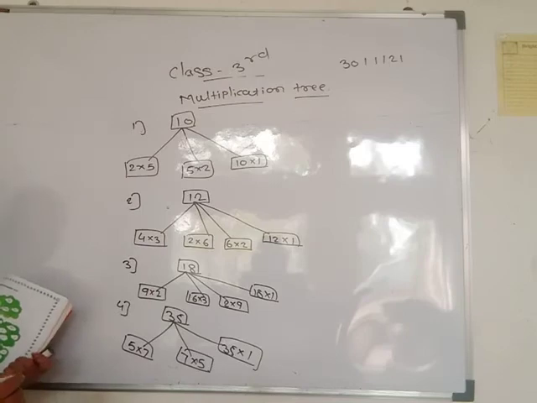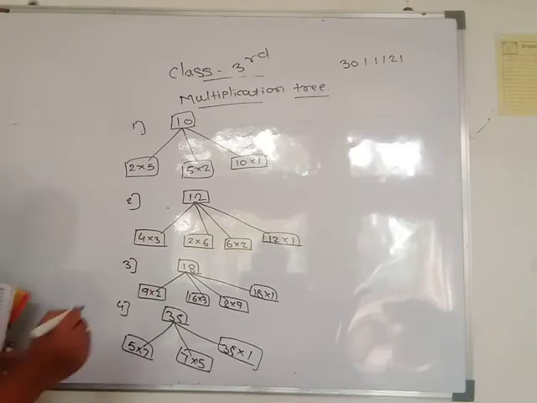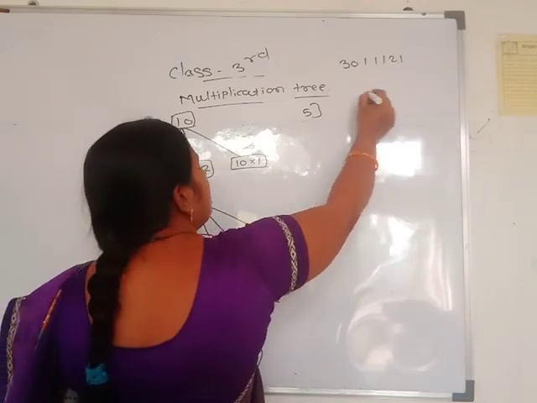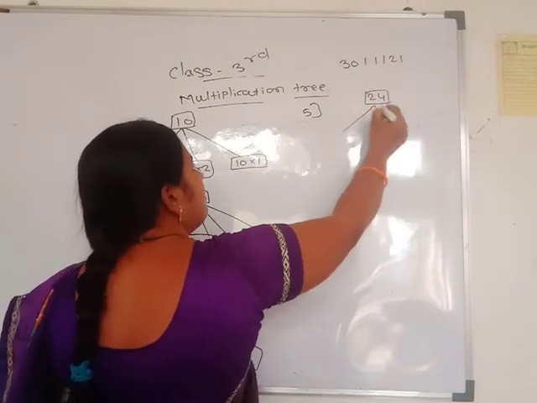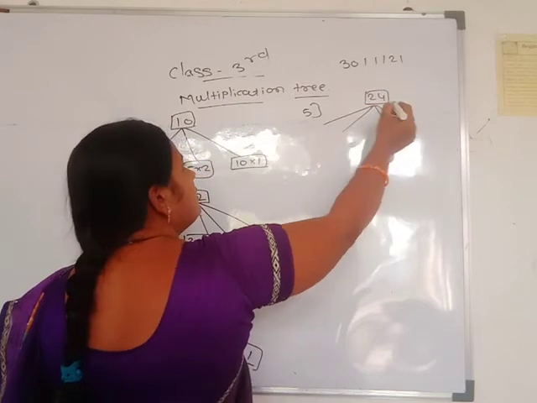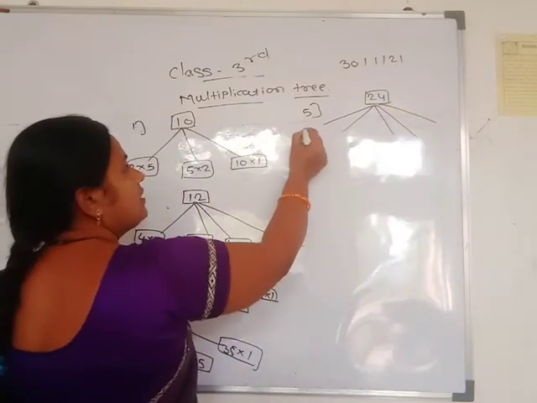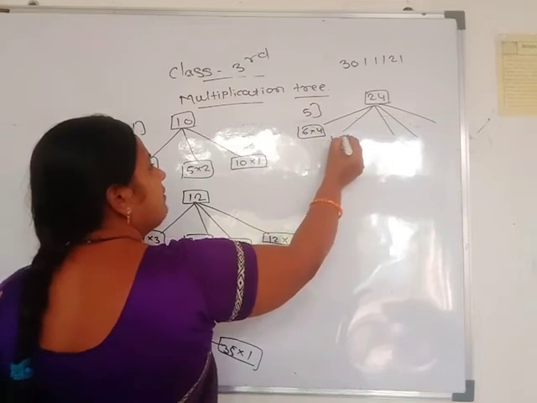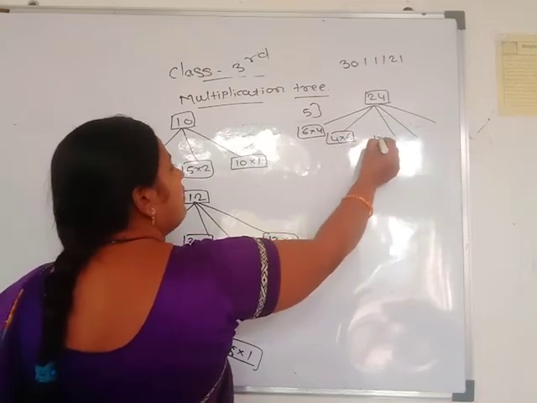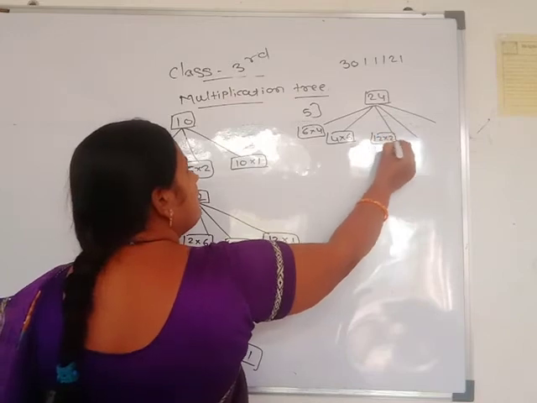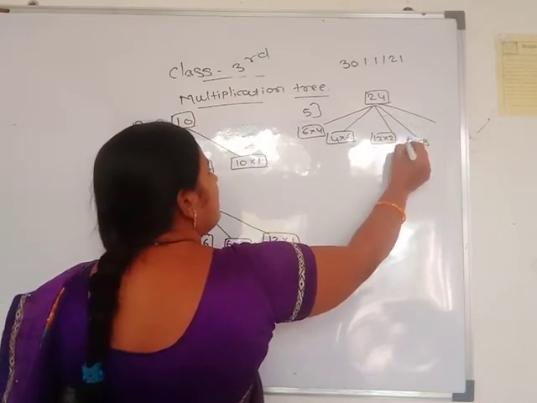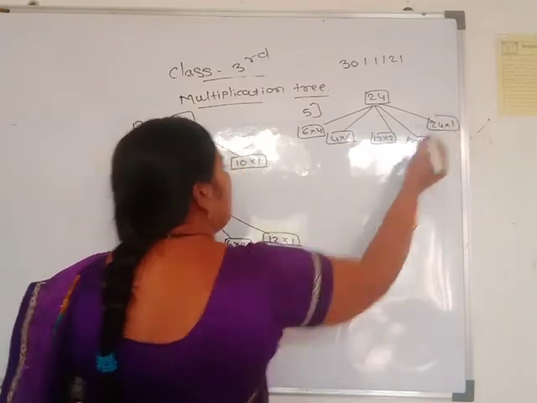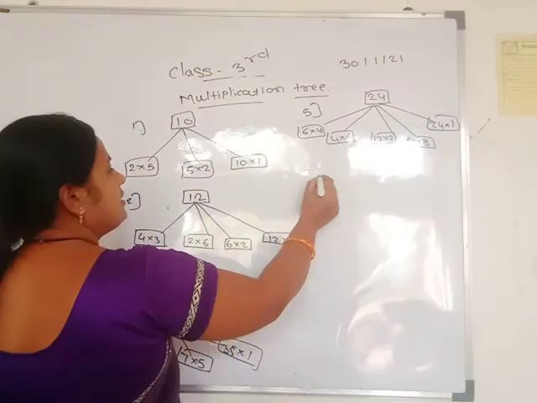Then the next one, 24. See this number 24, the multiplication of these numbers: 6 fours are 24, 4 sixes are 24, 12 twos are 24, 3 eights are 24, and last one 24 ones are 24.